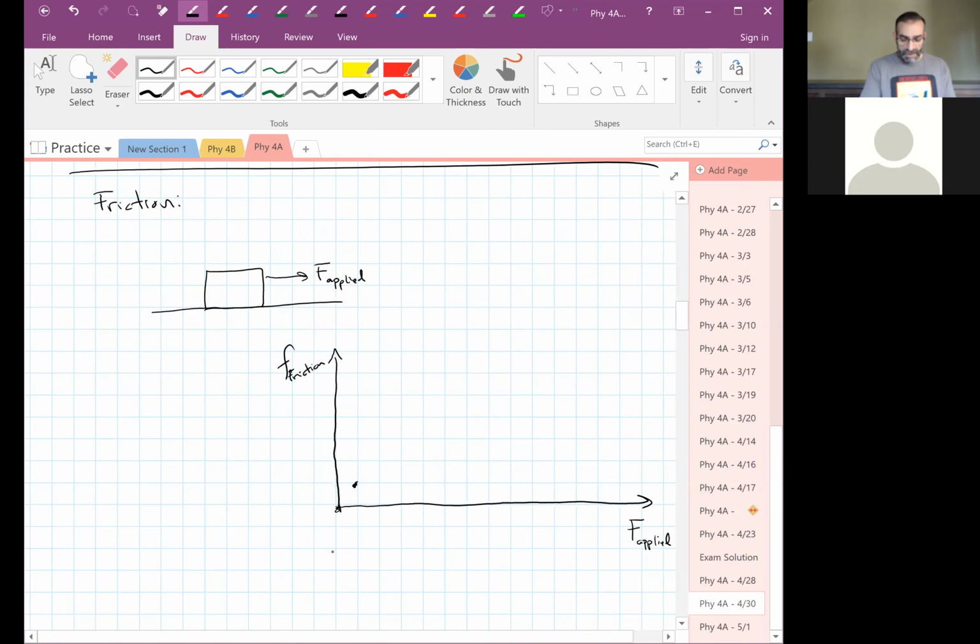Now I'm going to pull with a 2 Newton force. The box just sits there at rest. What's the friction force? 2 Newtons, right? As I pull harder and harder, the friction force gets bigger and bigger, and it looks something like this.